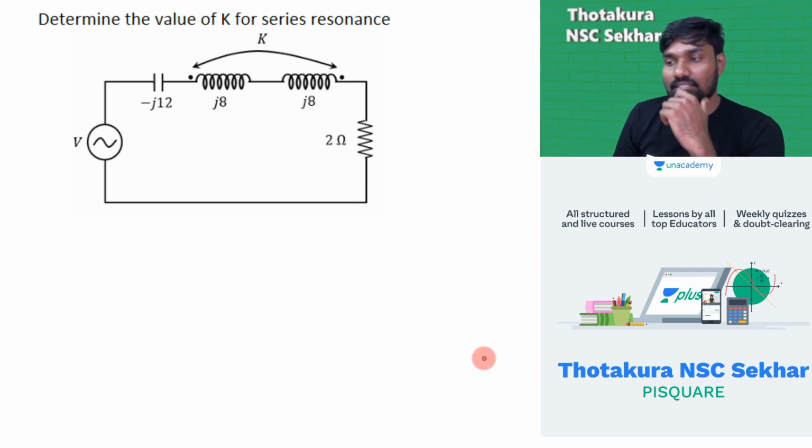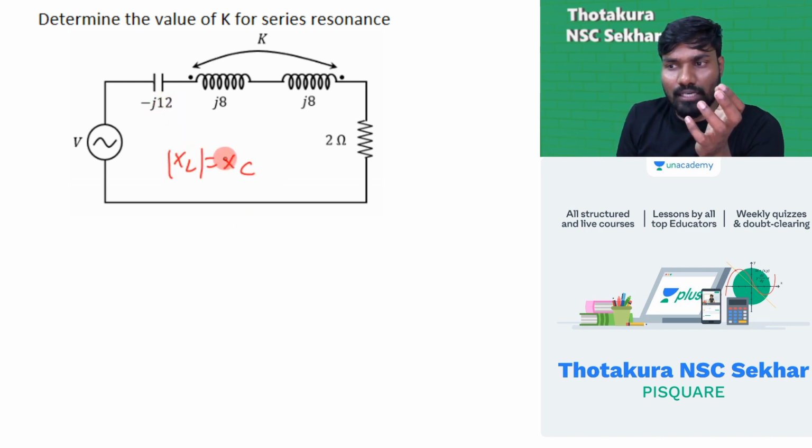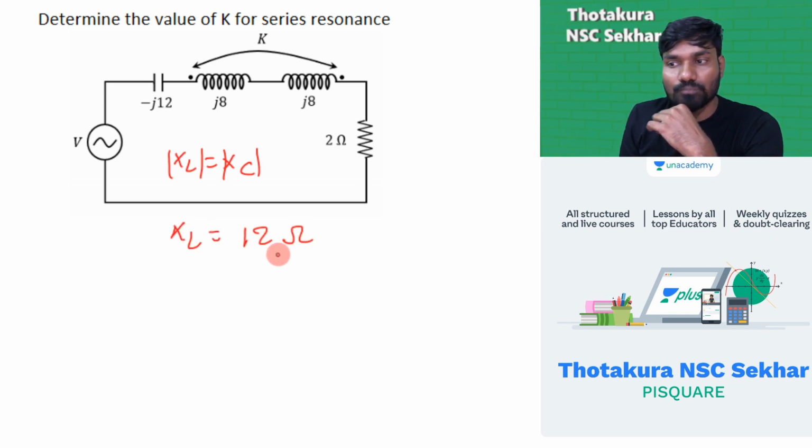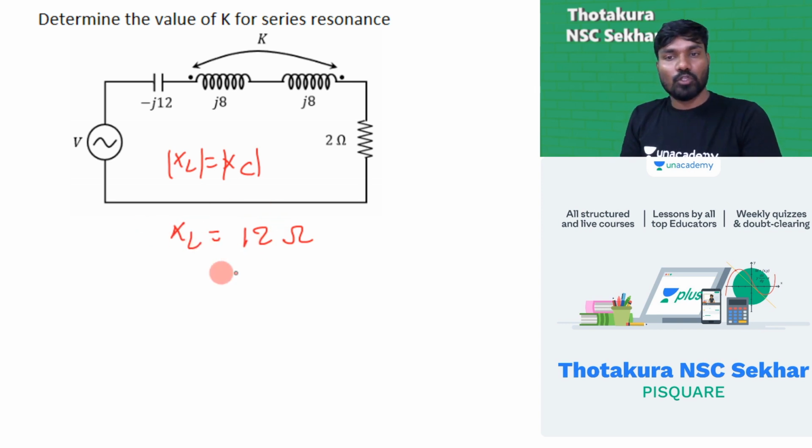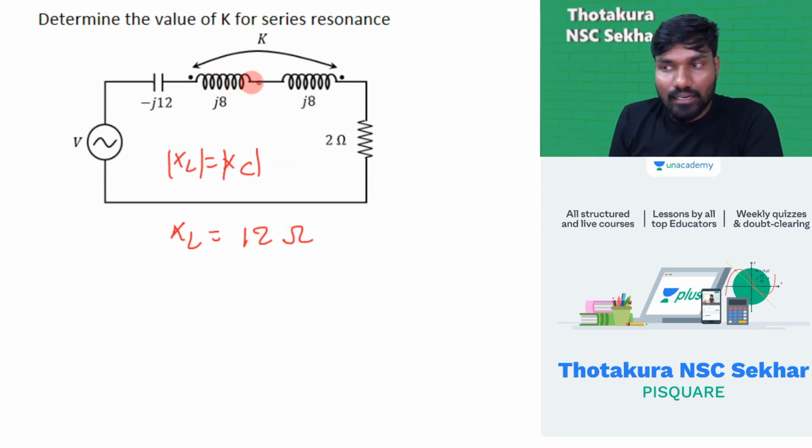So here in the circuit, for resonance to happen, XL must be equal to XC. We talk only about magnitudes. So total XL must be equal to 12 ohm. They are connected in series.